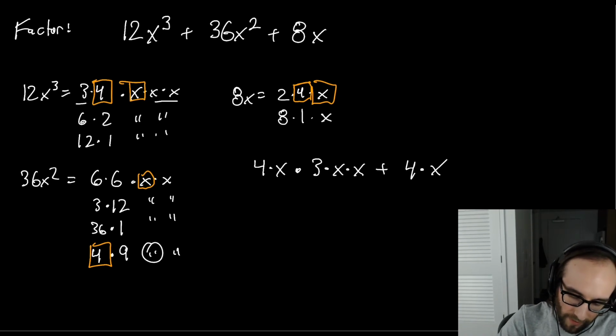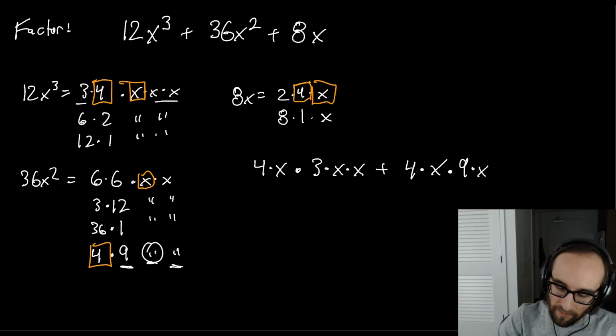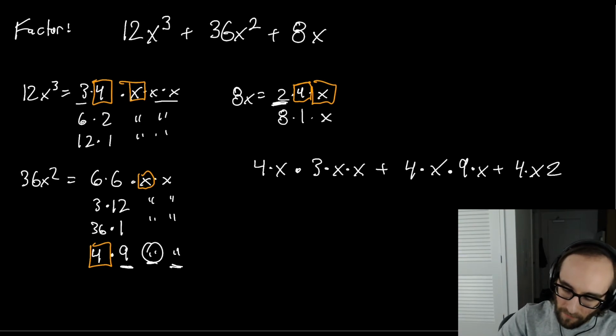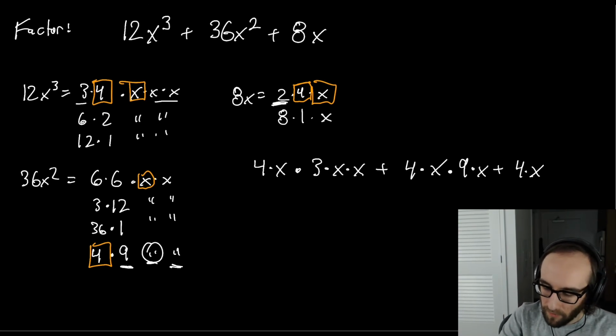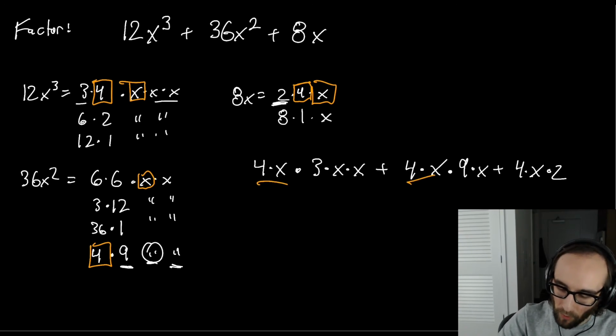So I'm taking the 4 and the x out. And then what we have left over is a 9 and an x, times 9 times x. Finally, for the 8, we have 4 times x. And all we have left over is a 2 in this case. So times 2. Okay, finally, we are taking out that common factor 4x from all of them.